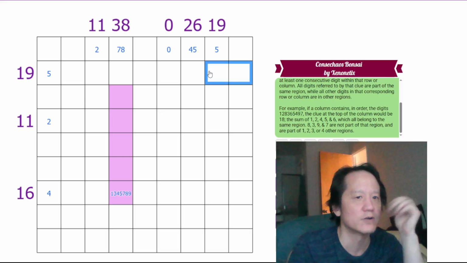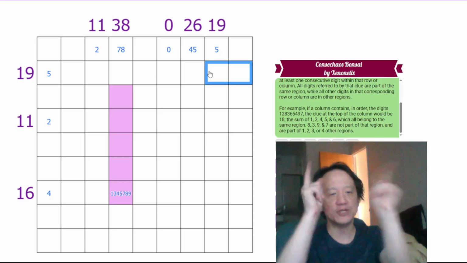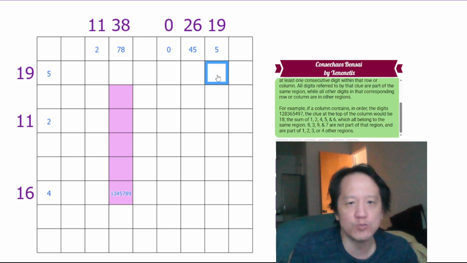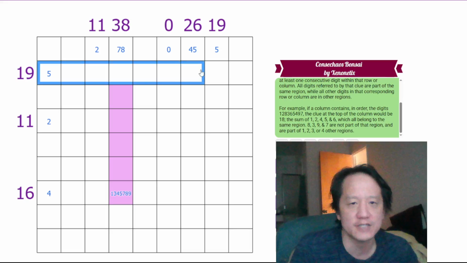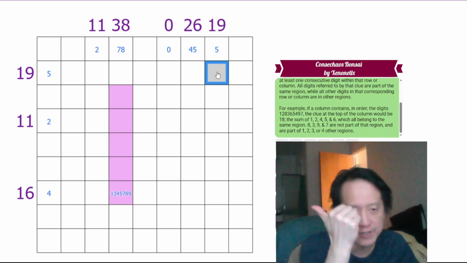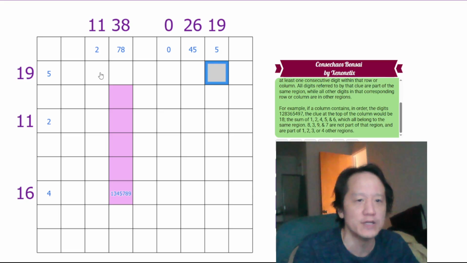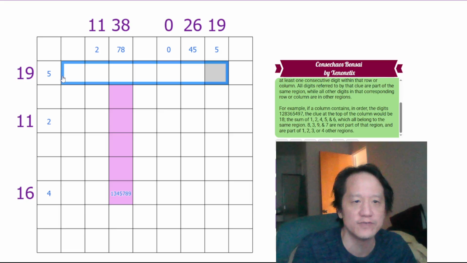Well, it could be here. But no, you can't. So say we try to make this part of this 19 region here. We'll make that, say, medium gray. The problem is it must contain a digit from 1, 2, 3, 6, 7. Because we found that that's the only set that works for consecutive digits in the 19 regions.